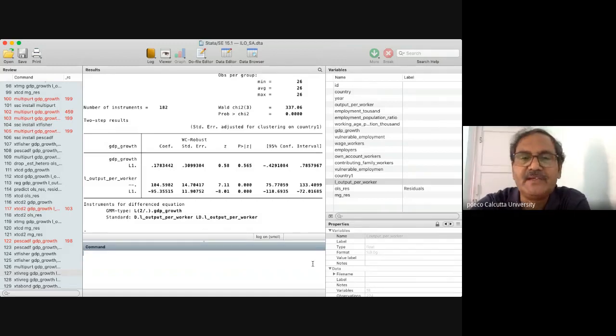When you have written xtabond, that means you are using Arellano-Bond model, and Arellano-Bond model indicates you are using all possible instruments in terms of the past values of the variable.